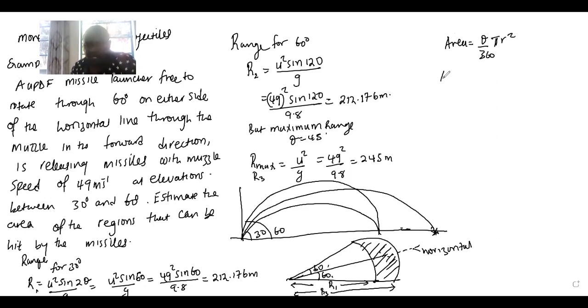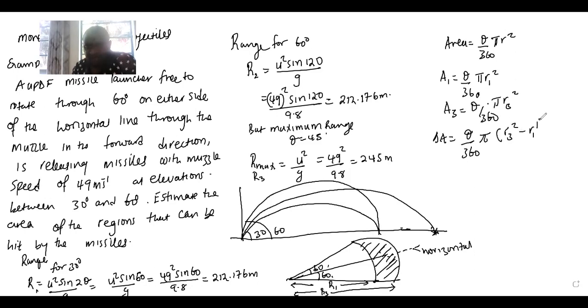Area 1 is theta over 360 pi r1 squared, and area 3 is theta over 360 pi r3 squared. When you subtract, you get theta over 360 of pi into r3 squared minus r1 squared.